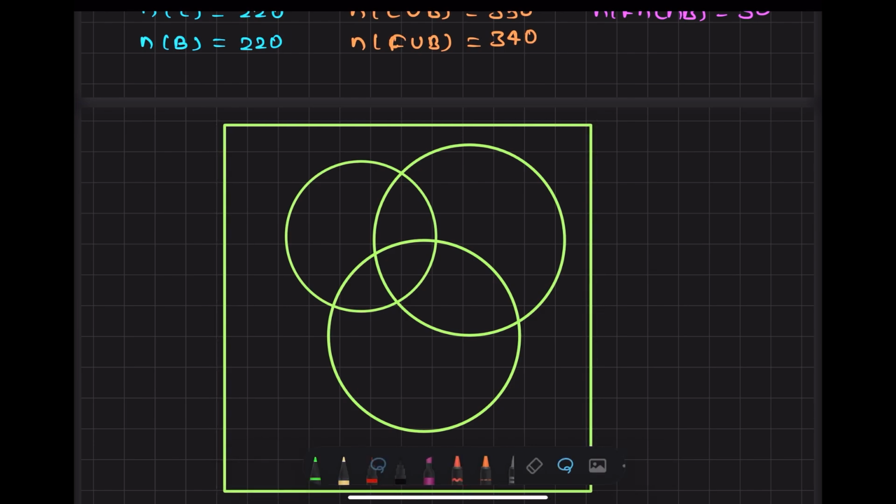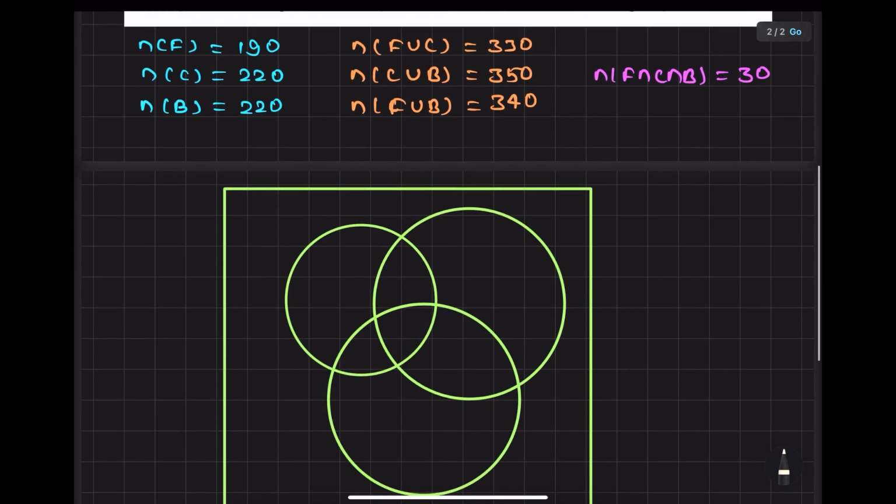Now let's put these data into the rooms. Whenever we have to fill these regions, we will initiate from the innermost room. So this is fever, cough, breathing problem.